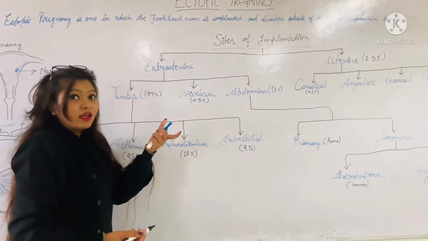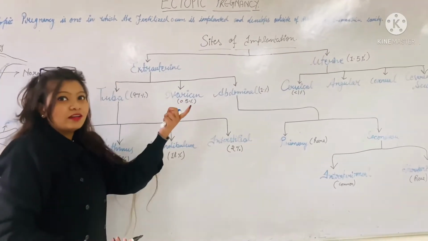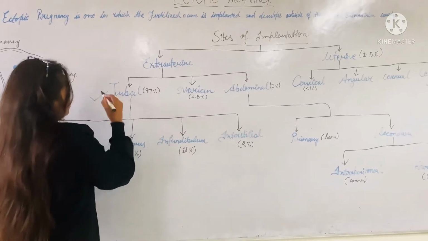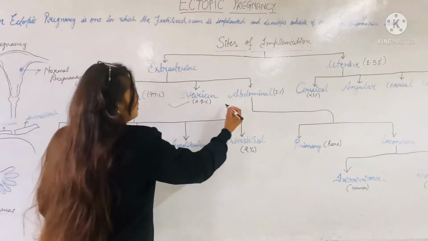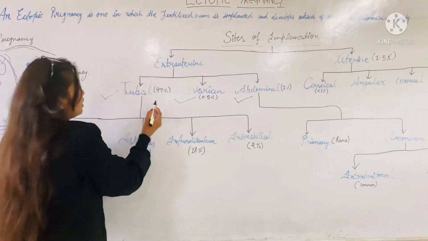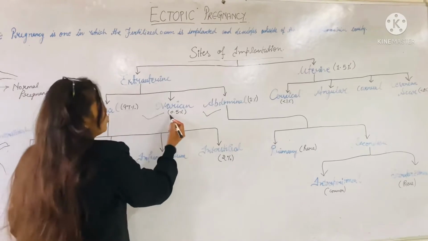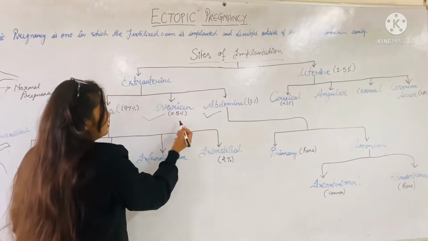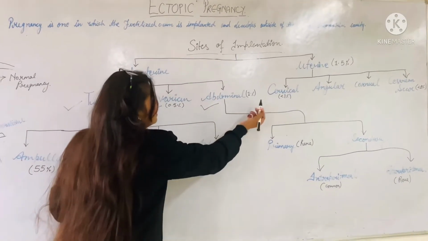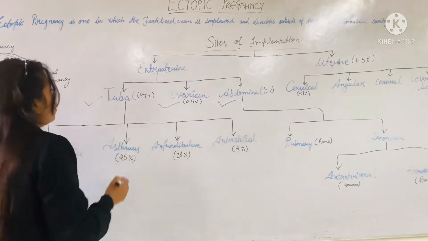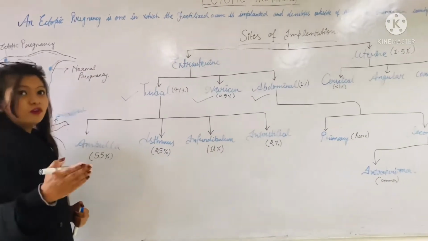If we talk about the extrauterine, then where will the fertilized ova be implanted? It may be implanted in the tubal, ovarian, or abdominal sites. There are 97% chances of tubal ectopic pregnancy, 0.5% chances of ovarian ectopic pregnancy, and only 1% chance of abdominal ectopic pregnancy.